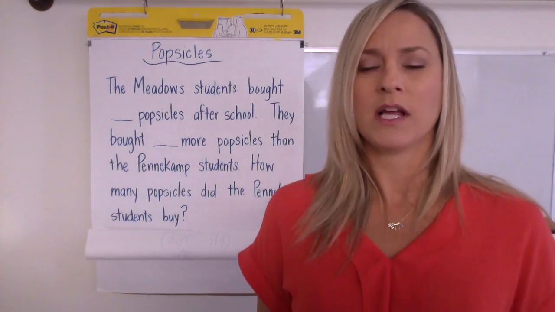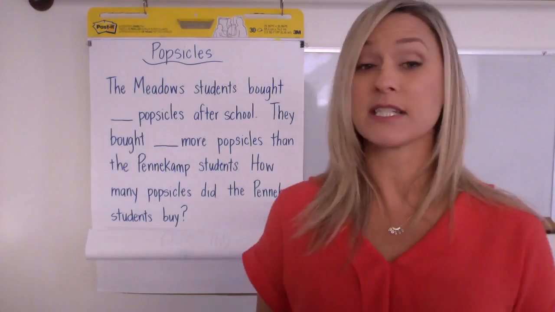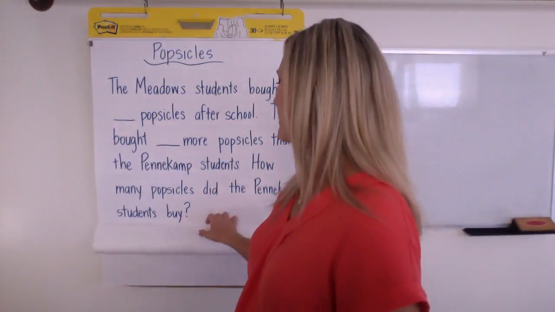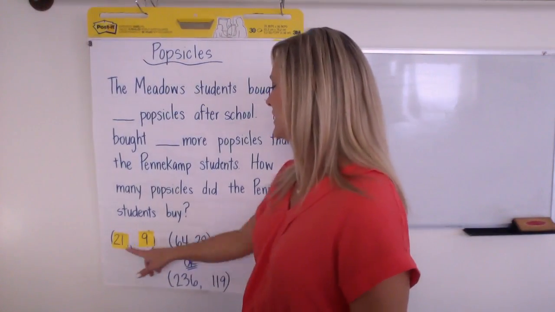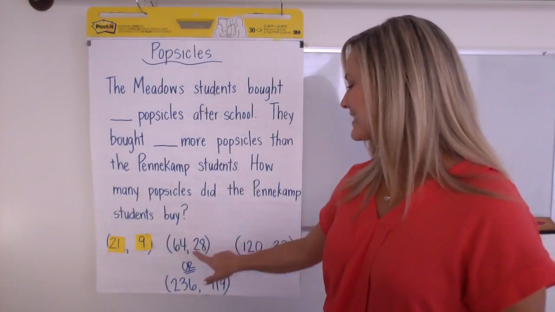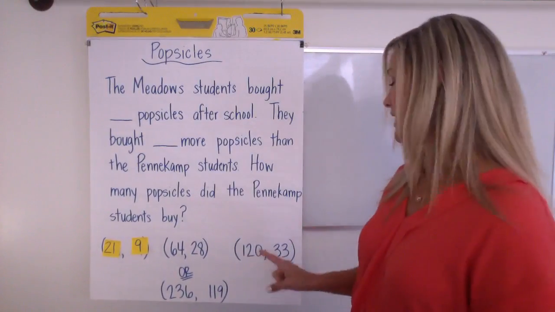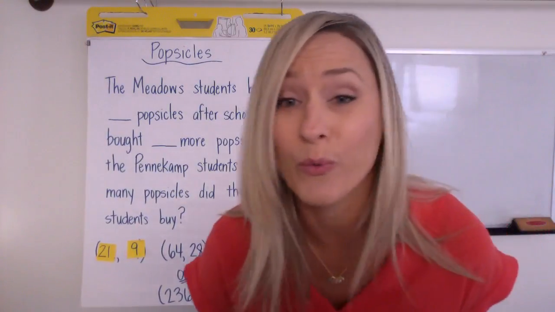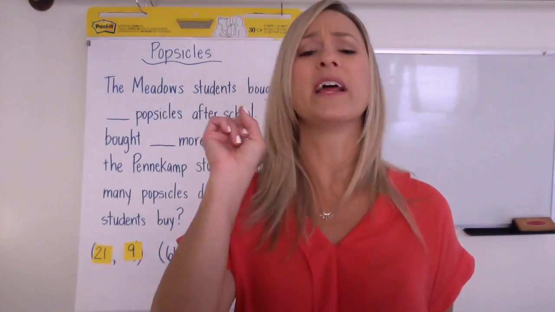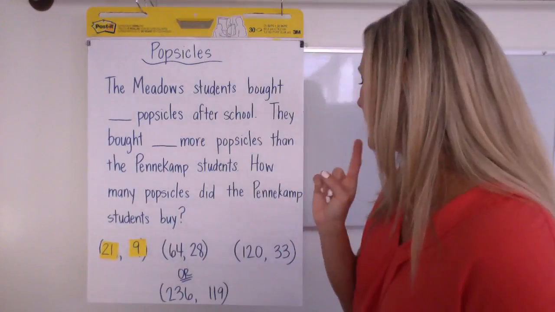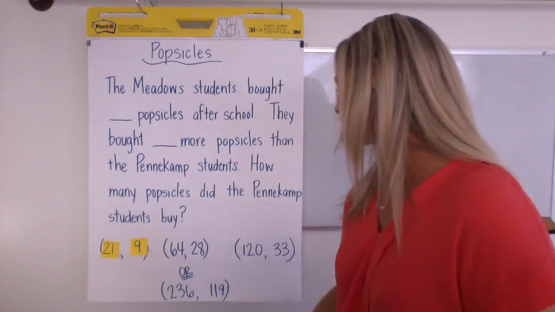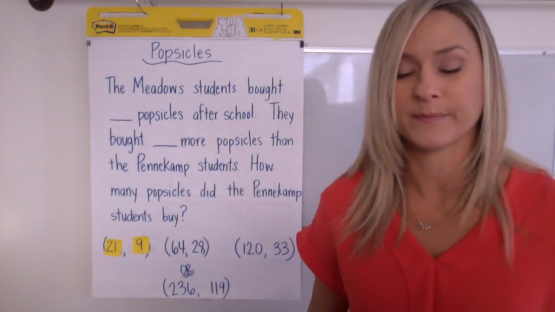Okay, so let's try it out with some numbers in our minds. Okay, so let's check out our number sets. We've got 21 and 9, 64 and 28. We've got 120 and 33. Oh, but we did not stop there. We went another one further. 236 and 119.